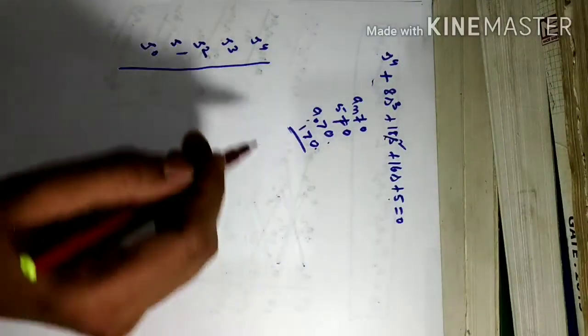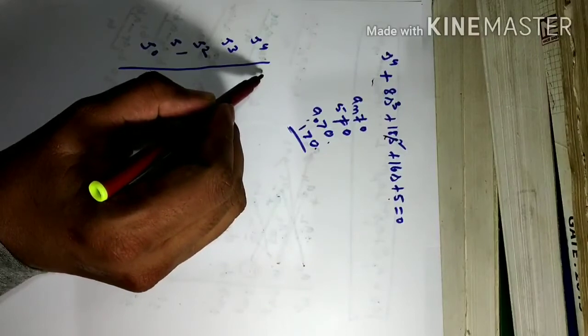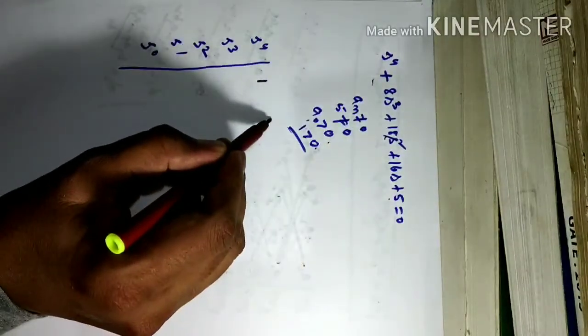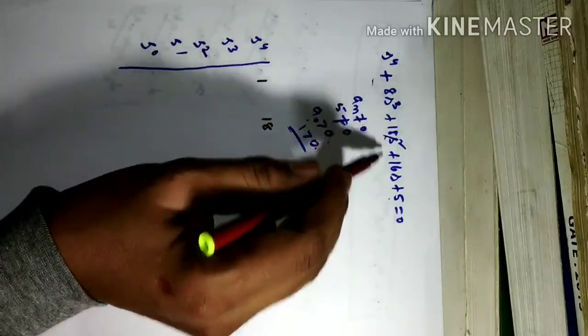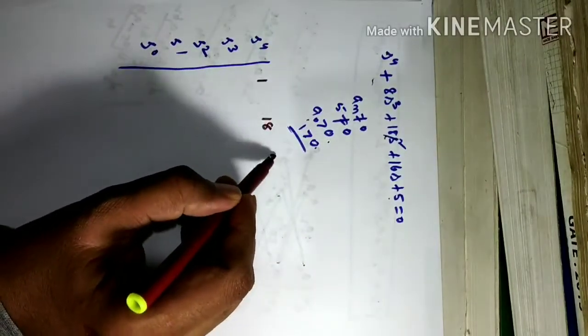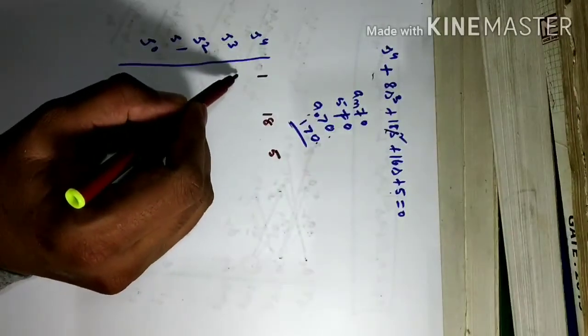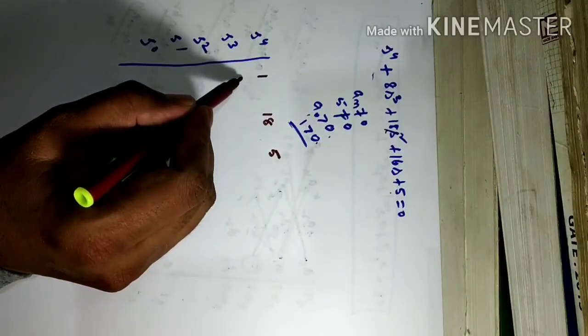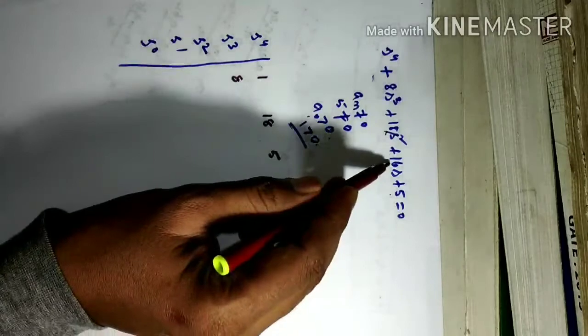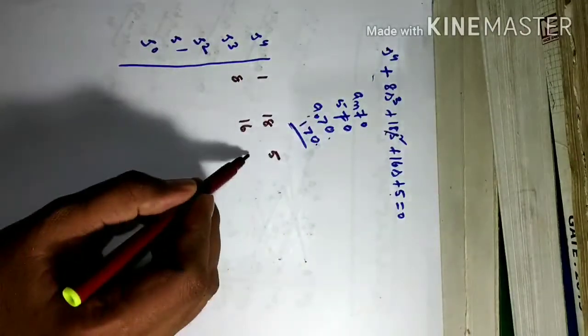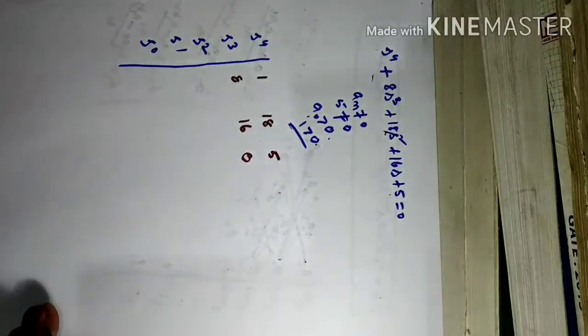So that is 1, 18, and 5. Next, the odd powers: s cubed is 8, then 16, and it is 0.